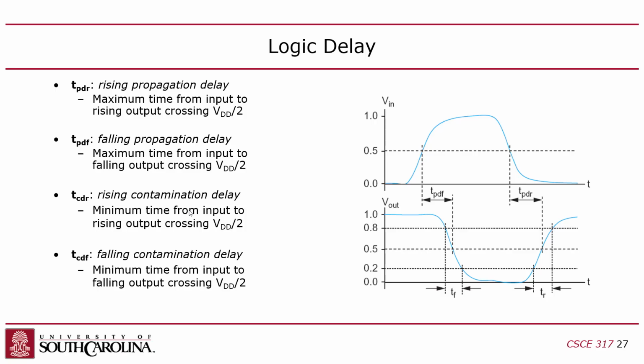So in this case, we've further broken down the propagation and contamination delay into rising propagation delay, falling propagation delay, rising contamination delay, falling contamination delay. So it's the same concept that we've already talked about in the timing analysis lecture. The only difference now is that we're separating these out into two categories. What's the delay when the output is being pulled up, and what's the delay when the output's being pulled down, right?